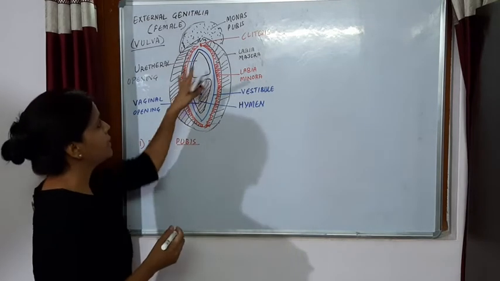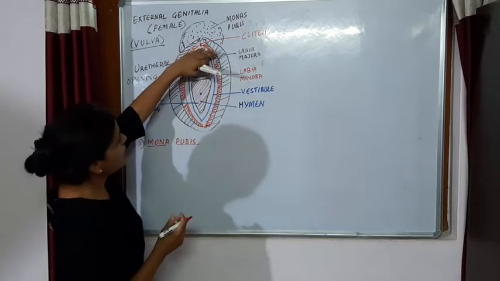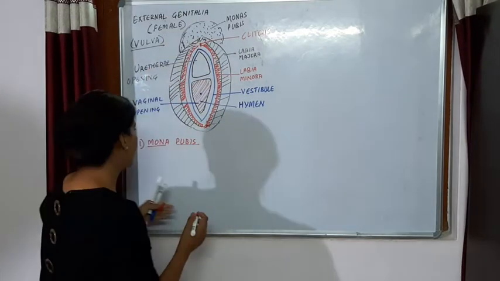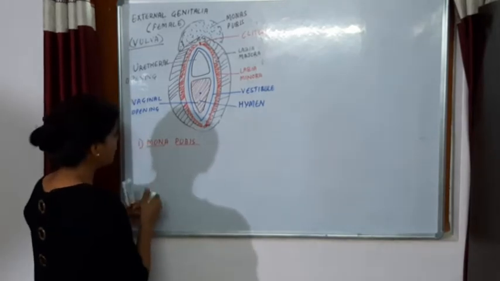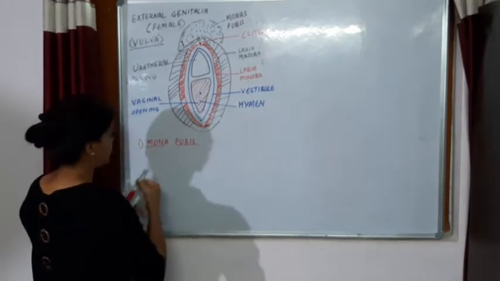So this is the portion above the labia majora, right? The mons pubis. First, it is above the labia majora.